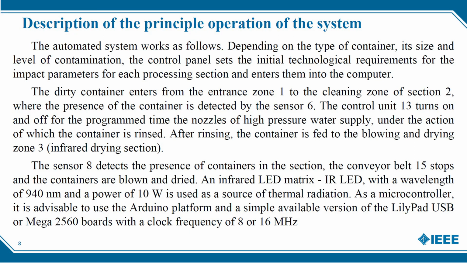The automated system works as follows. Depending on the type of containers, their size and level of contamination, the control panel sets the initial technological requirements for the impact parameters for each processing section and enters them into the computer. The dirty containers enter from the entrance zone 1 to the cleaning zone of section 2, where the presence of the containers is detected by sensor 6.